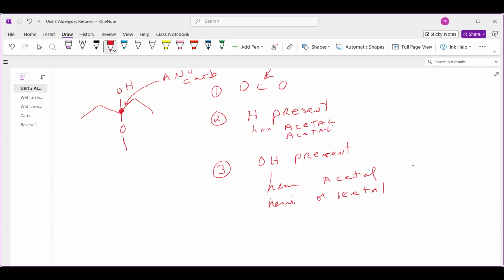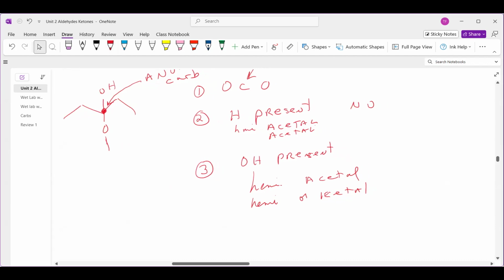Okay, so let's go through here. We got an OCO. Is H present? No. So then it's not an acetal. Is OH present? OH present, OH right there on the anomeric carbon.